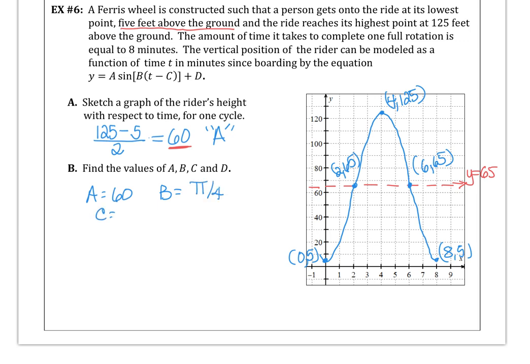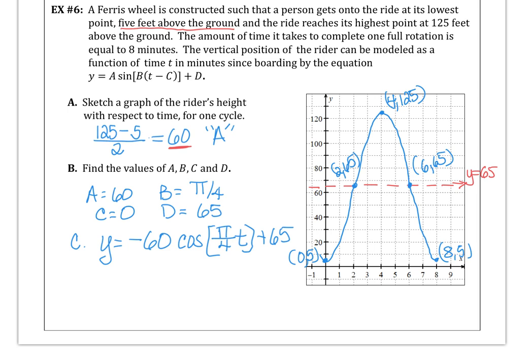We know C is 0 since we started at time 0, and we know D is 65, so we can put together the equation for part C. So the equation is negative 60 cosine of pi over 4 t plus 65. So we know the equation for part C.